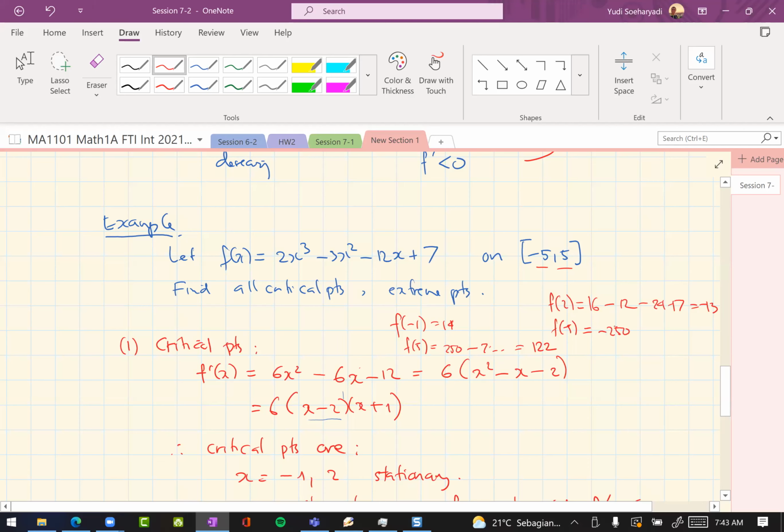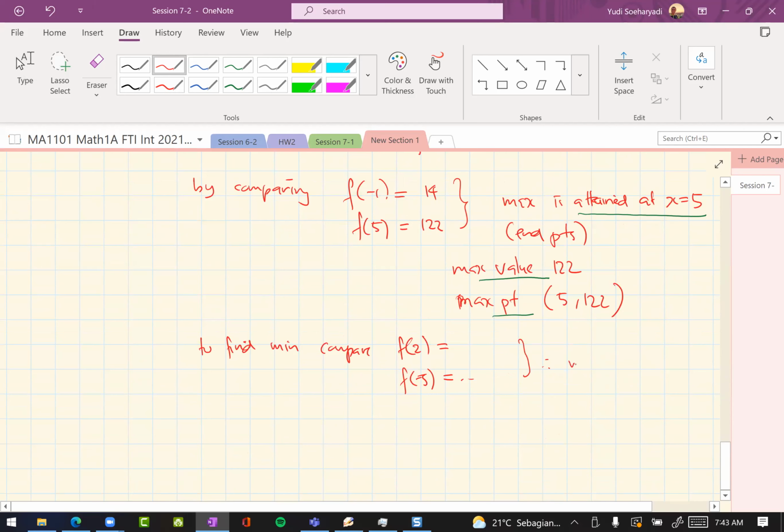Oh, sorry, yeah, this is negative, because negative 24, 70. All right, so this is lower than this one. So negative 5 is the minimum. The min is obtained at x equals negative 5.